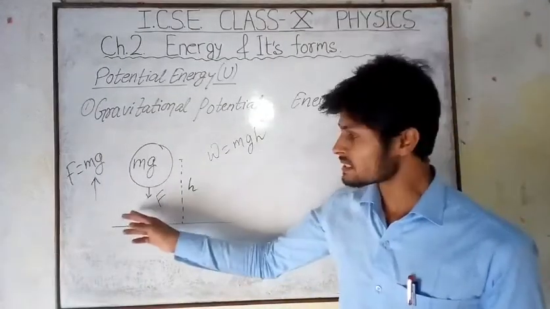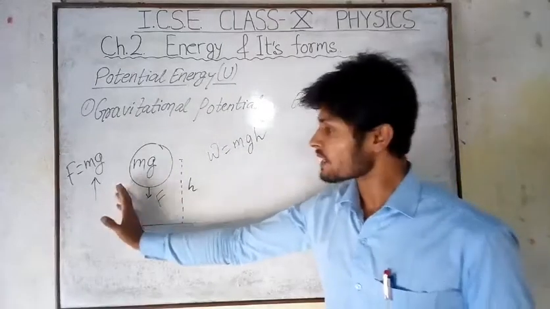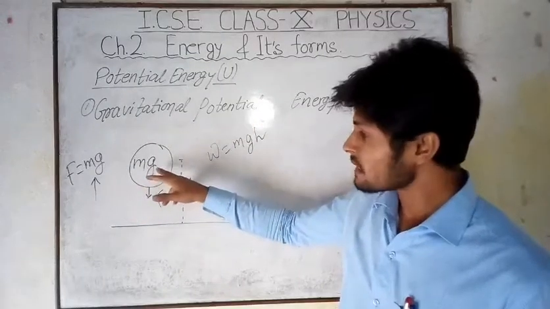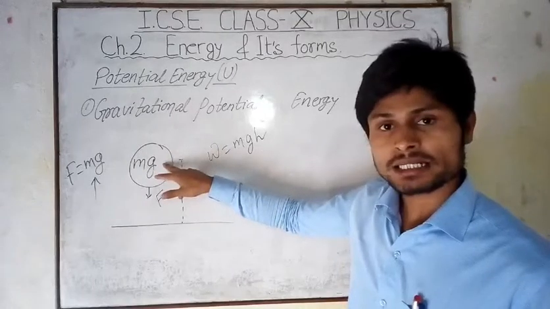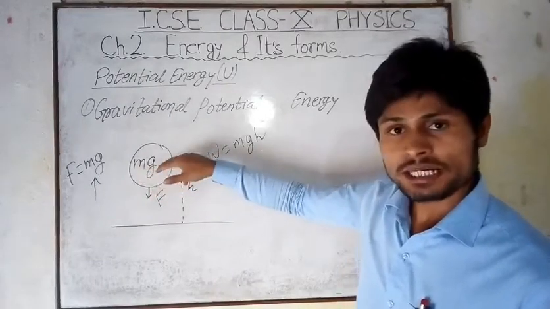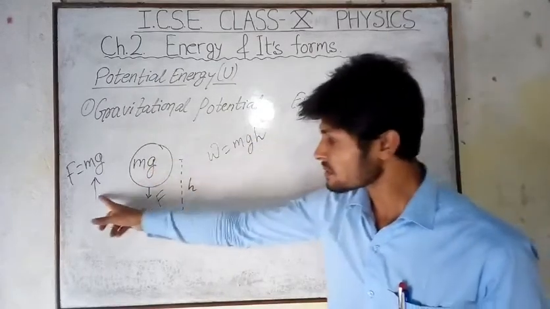Here we also notice that initially for work done, the force is applied vertically upward, and now whatever gravitational potential energy the object has, by this potential energy it can exert a force, but whatever force it can exert is vertically downward, which is opposite to the previously applied force.